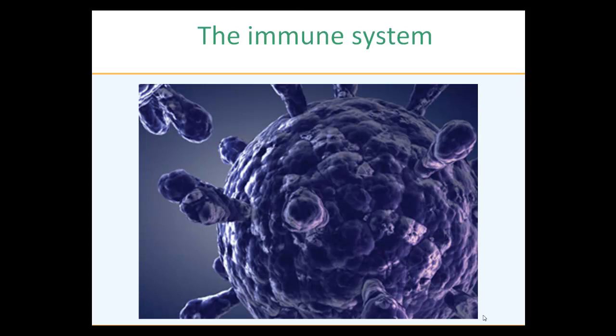We discussed the components, and what we're going to do now is review what we learned about the innate system. Then in the next video, I will discuss the adaptive immune system.